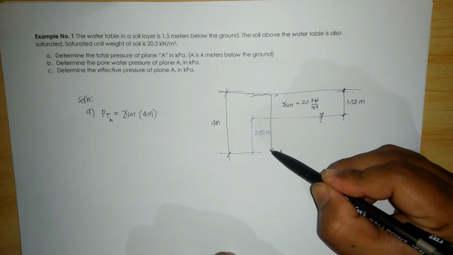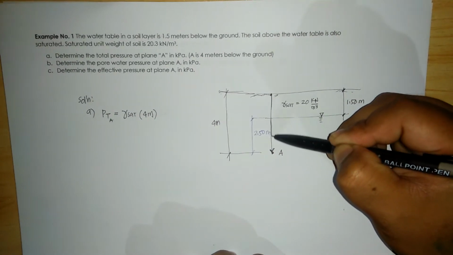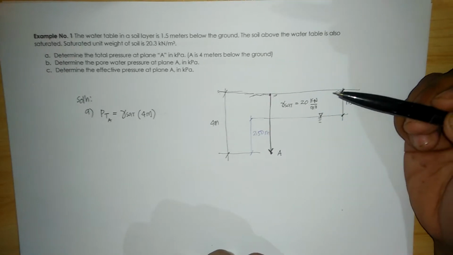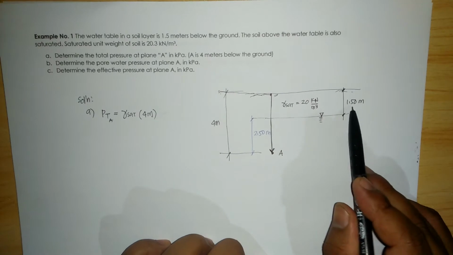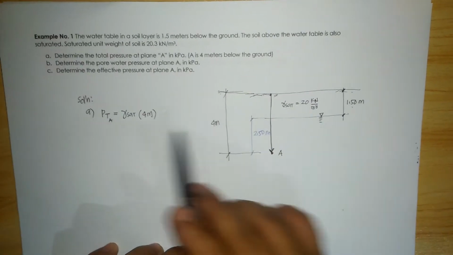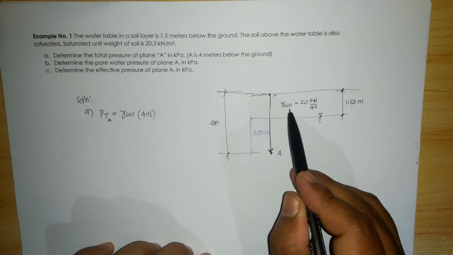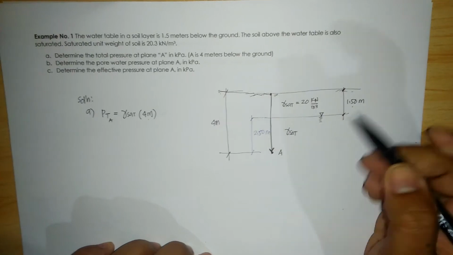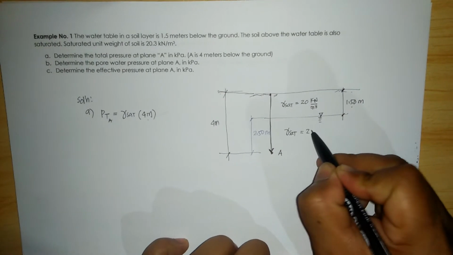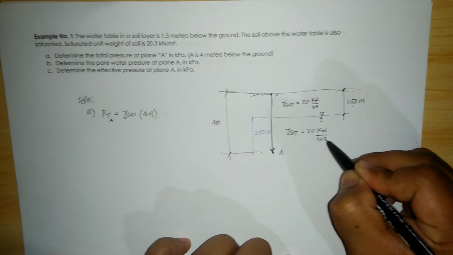Ang concern mo lang is total stress, from this ground surface hanggang dyan is 4 meters. Bakit hindi mo ginawang 1.5, sir? Ginawa ko na siyang 4 meters simply because parehas sila ng gamma saturation, kasi ang gamma saturation mo din naman dito, below your water table, is also 20 kilonewton per cubic meter.